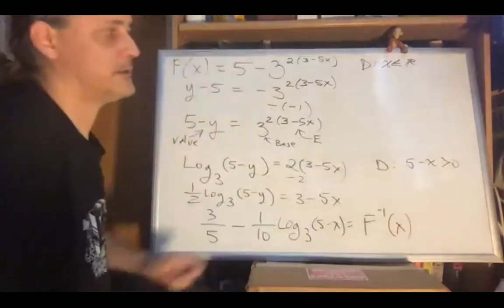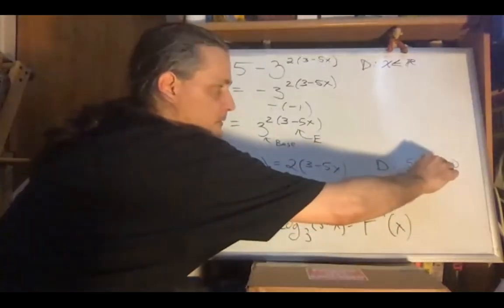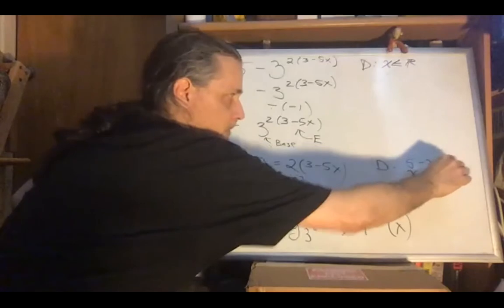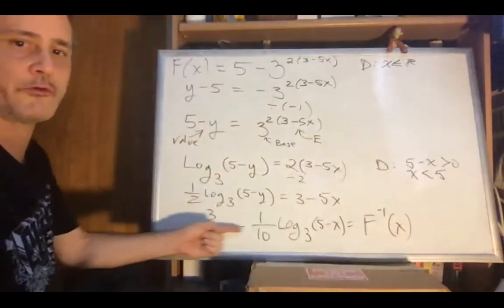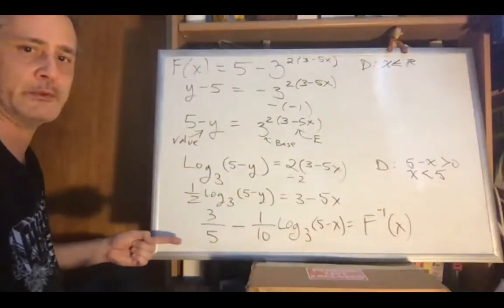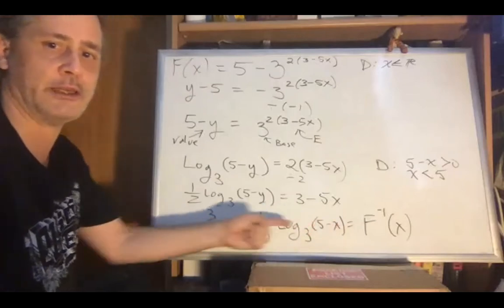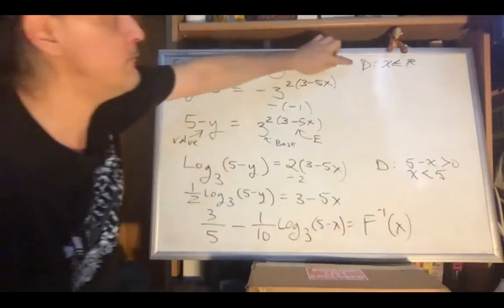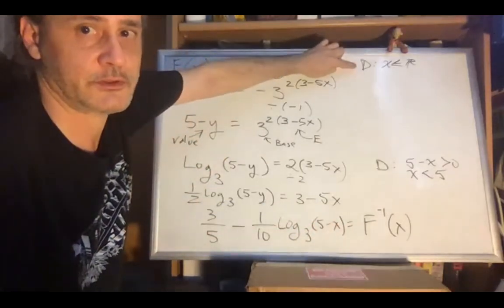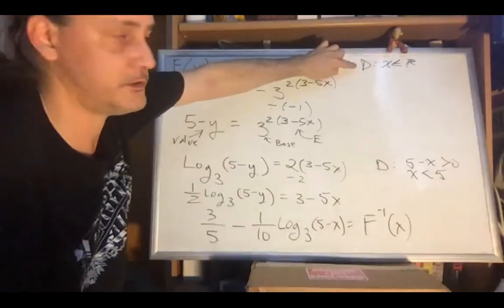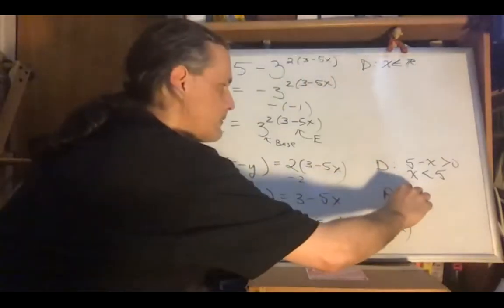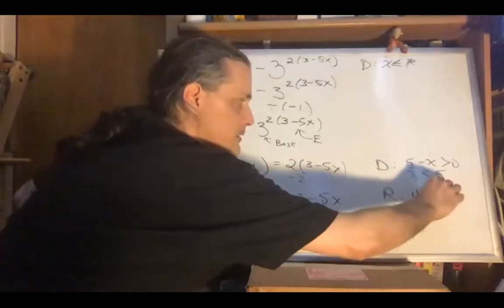Okay, so that means x is going to be less than 5. All right, well, the logarithmic function produces exponents, so the output, the range is going to be all real numbers. And notice the range of the inverse is related to the domain of the function. All right, so the y can be all real numbers.